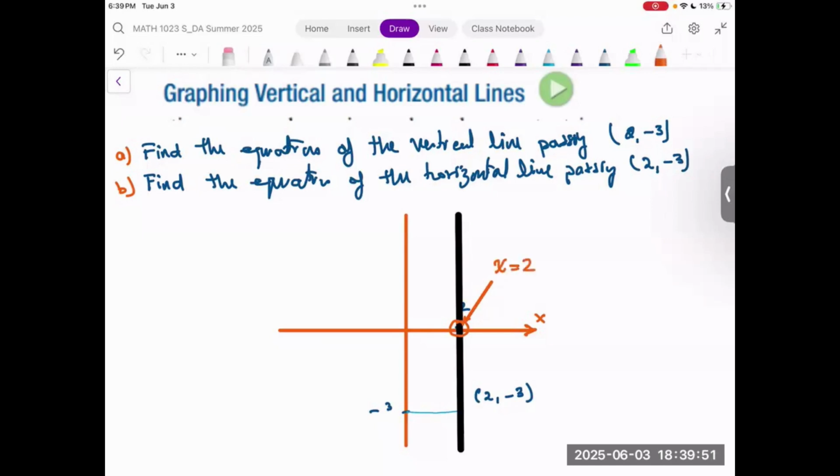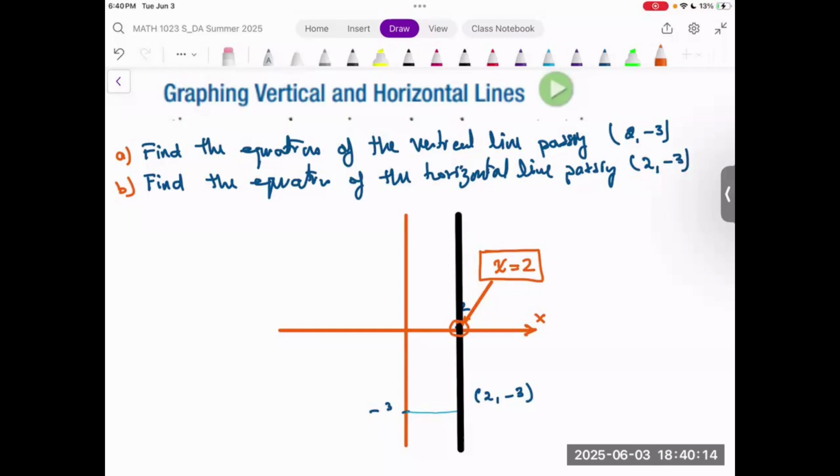X equals 2, correct? And you are all set. That's the equation of it. Do you understand it or not? X equals 2 is the equation of the vertical line. It wasn't so difficult. You didn't have to do any algebra, right?